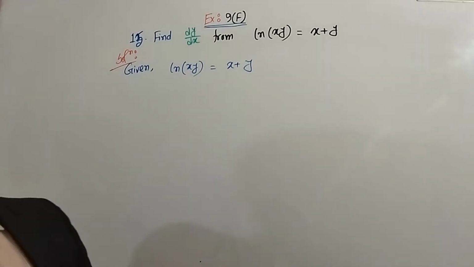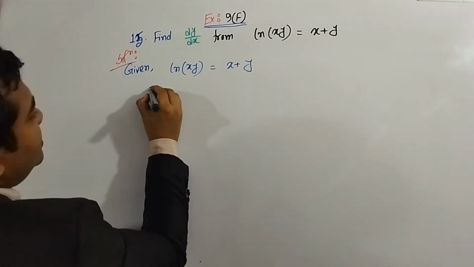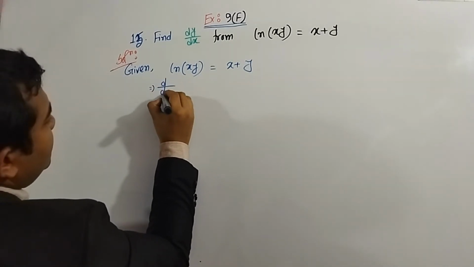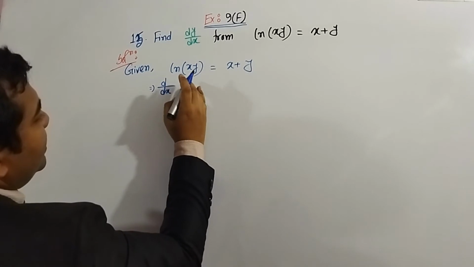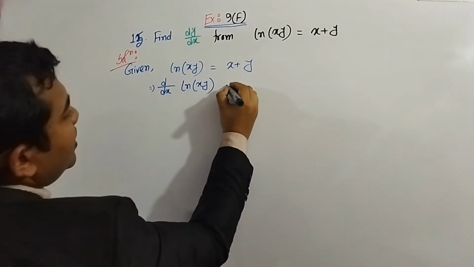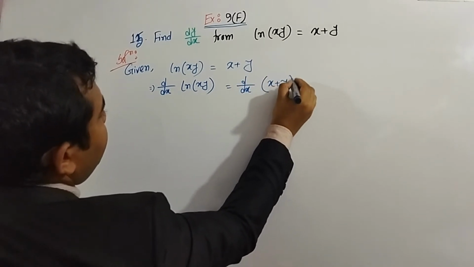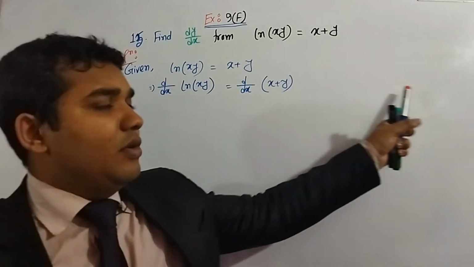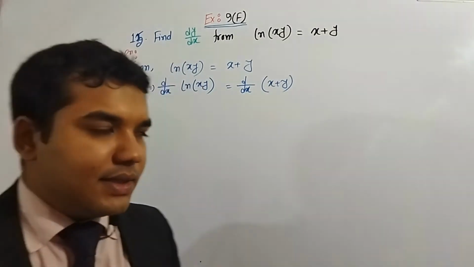Differentiate this with respect to x. What will we get then? That means we are focusing on d/dx of ln of xy equals d/dx of x plus y. You can also give a side note that we differentiate both sides with respect to x.